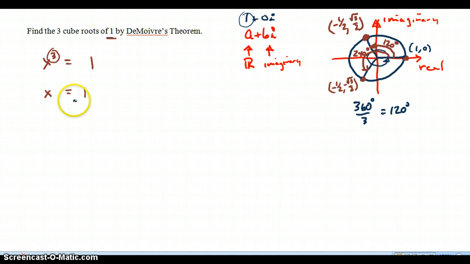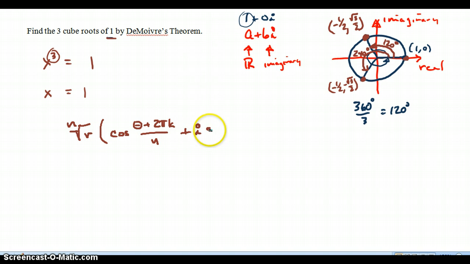So one of the x's is equal to 1, but for the other two, DeMoivre says to use this formula. This is the nth root of r, where r is the radius of the circle, times cosine of (theta plus 2 pi k) over n, plus i sine of (theta plus 2 pi k) over n.